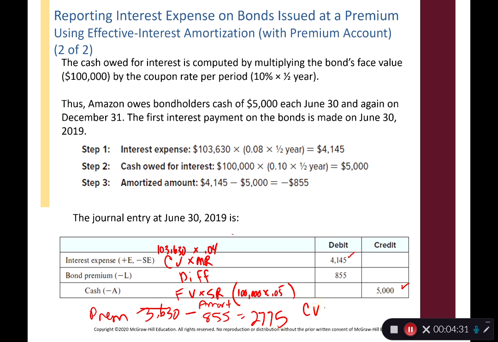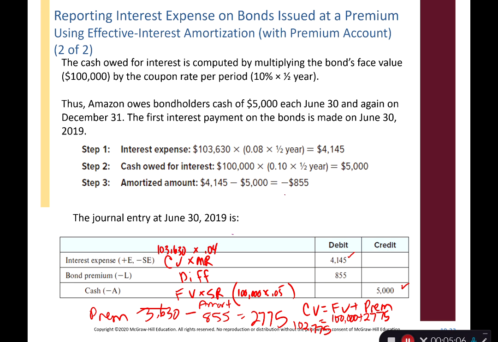Then my carrying value would be equal to the face value plus the premium. The face value is 100,000. The premium is 2775. So 102,775 would be my new carrying value.